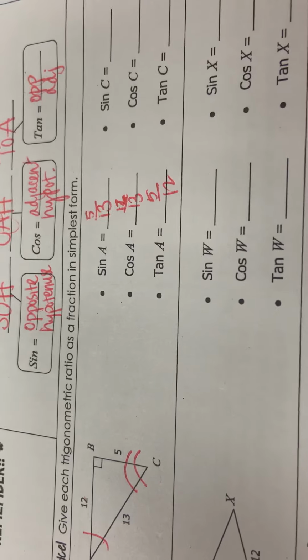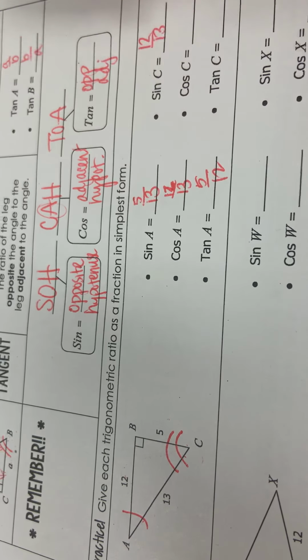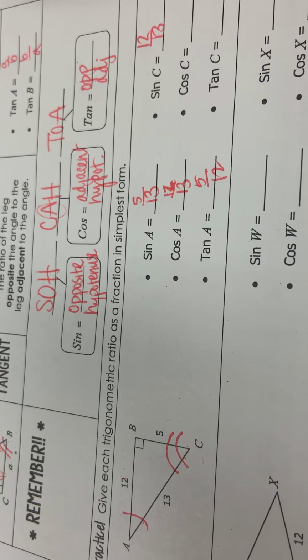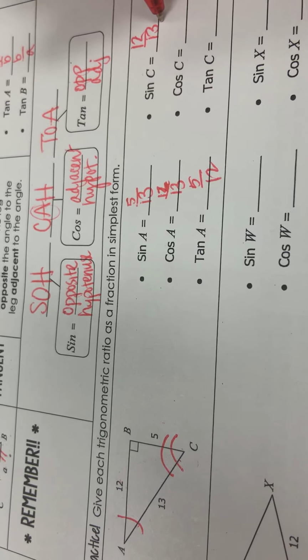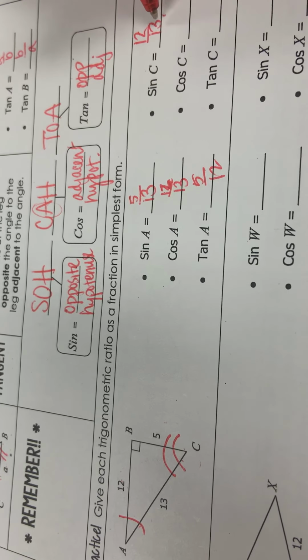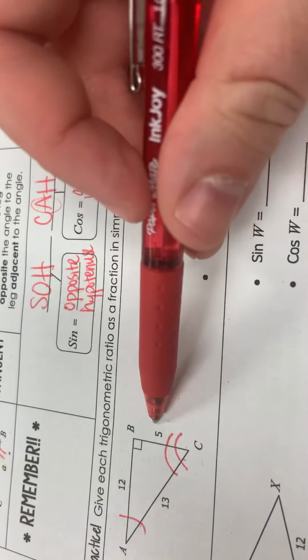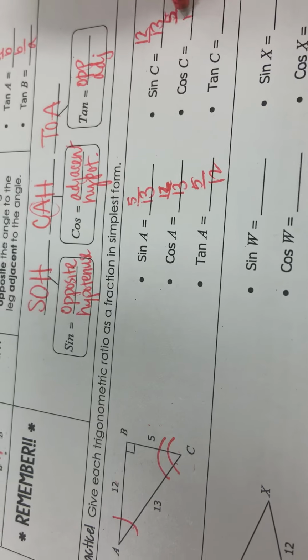So the sine of angle C is opposite divided by hypotenuse. So opposite of C is 12 over the hypotenuse, which is 13. Still can't simplify. Cosine is adjacent over hypotenuse. Sine was opposite over hypotenuse. Cosine is adjacent over hypotenuse, and that would be 5 over 13.